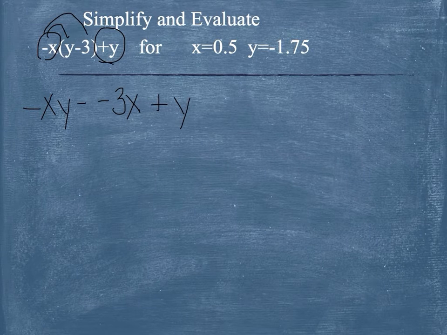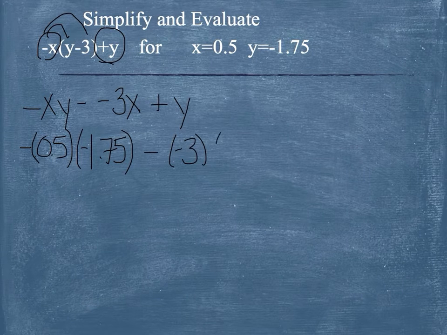So x is negative 0.5 times negative 1.75 minus negative 3 times 0.5 plus negative 1.75. Just like that.